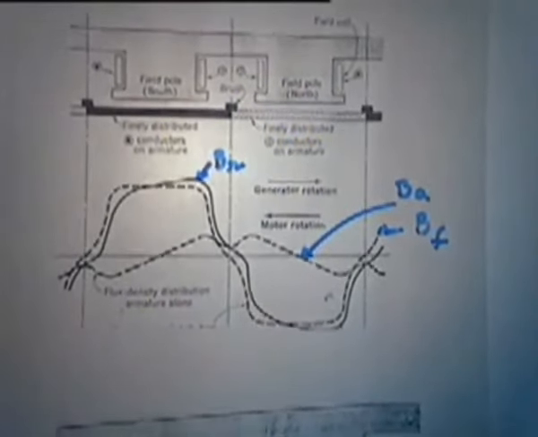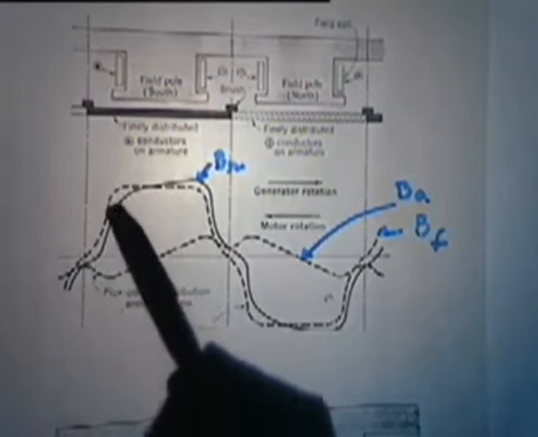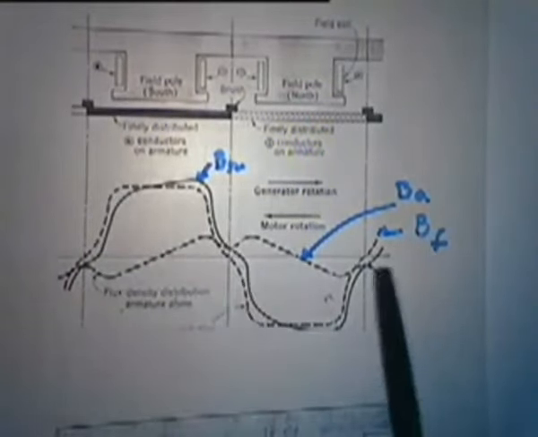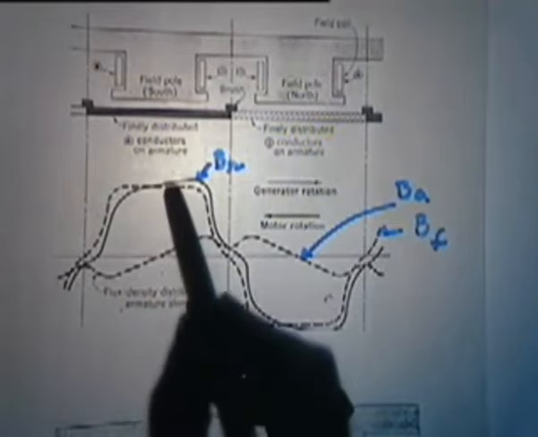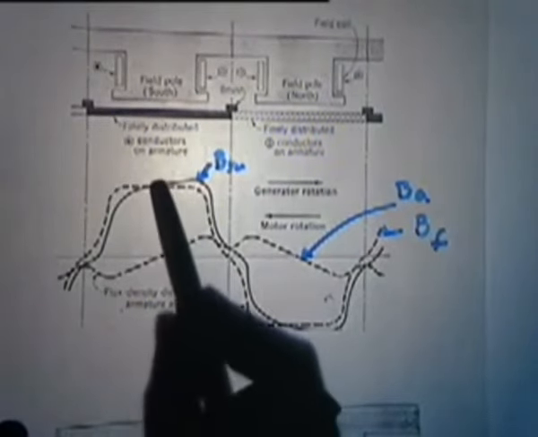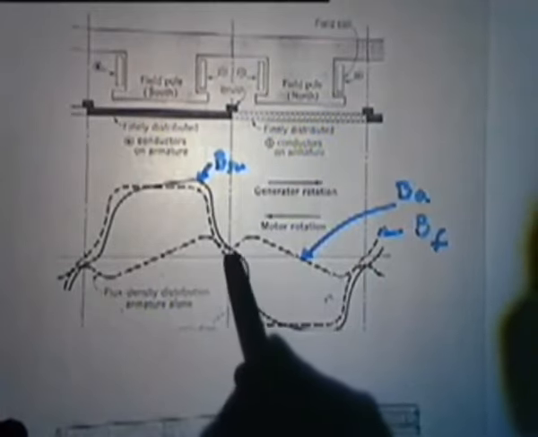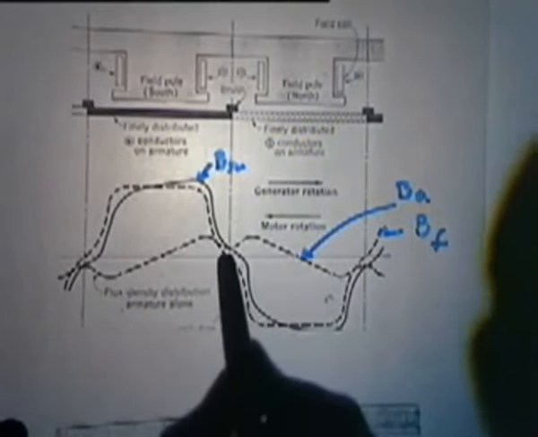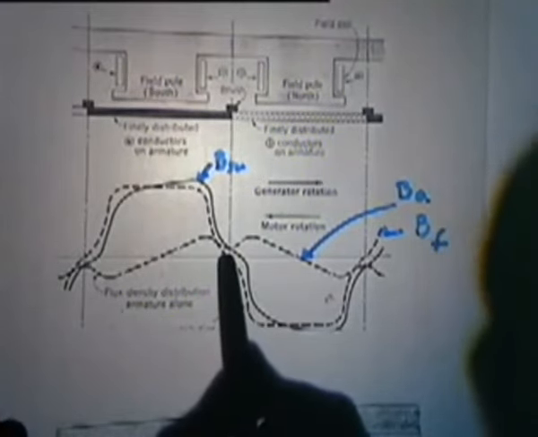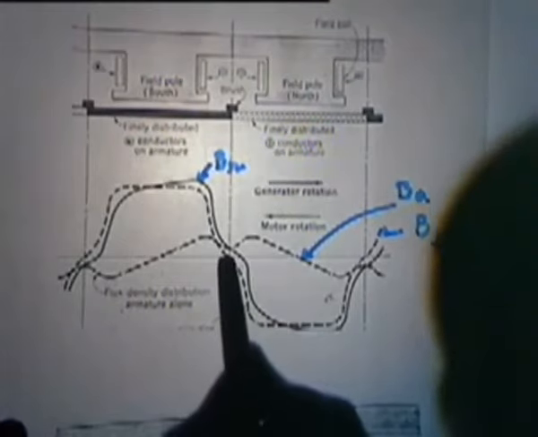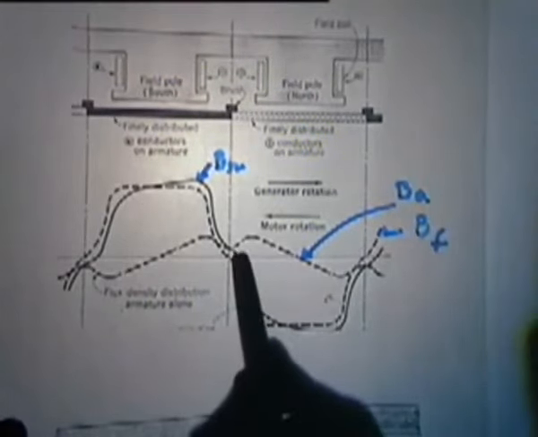You will notice that the net flux density pattern in the air gap, due to both the armature and field windings carrying current, gets distorted. We observe the following: the instant of zero flux density, which was earlier at the interpolar region, that is the geometric neutral axis of the field, was also the magnetic neutral axis. It gets shifted to this point.